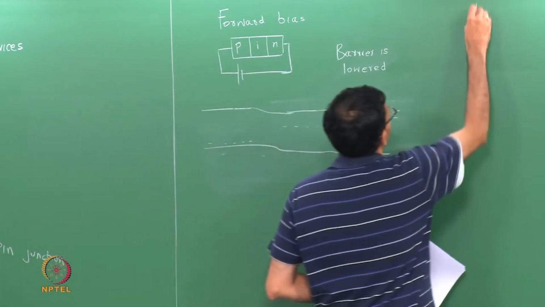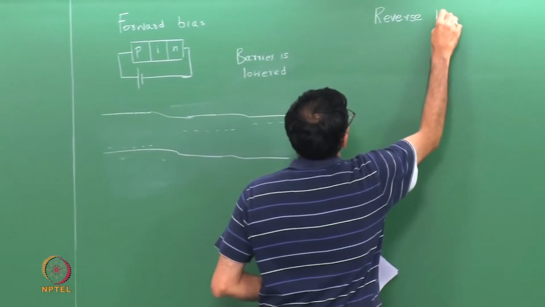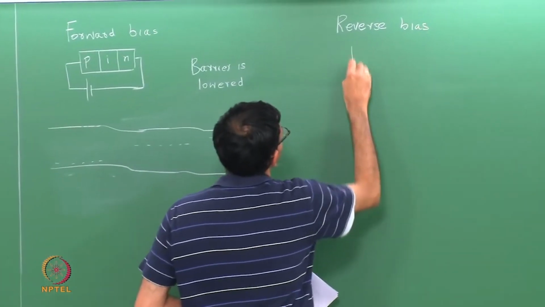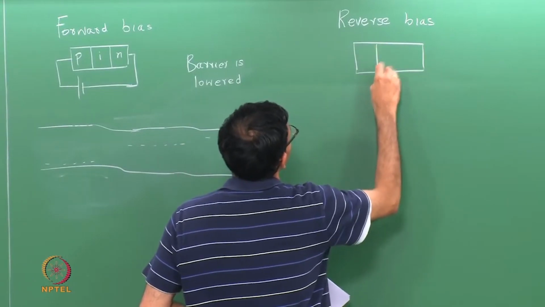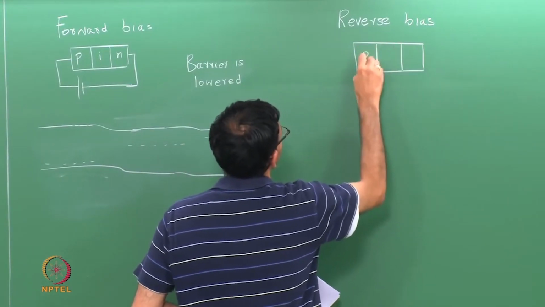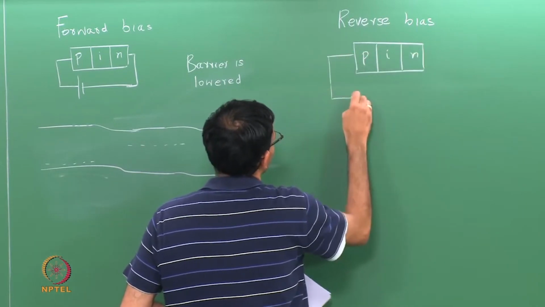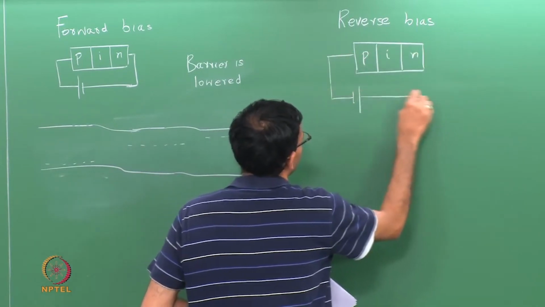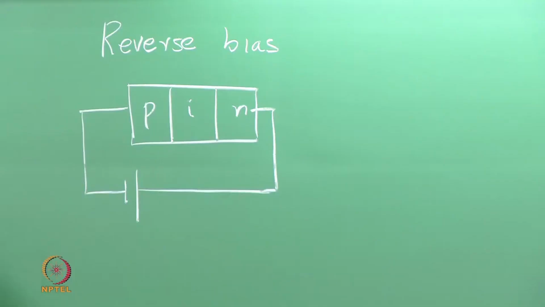Now you have a reverse bias. So, P is connected to negative and N is connected to positive.